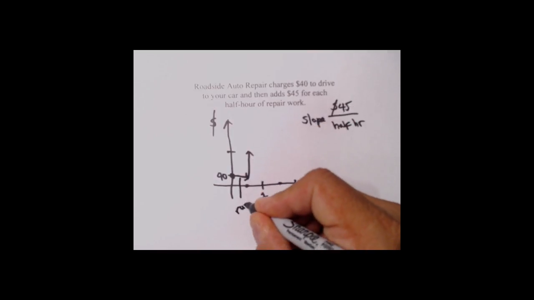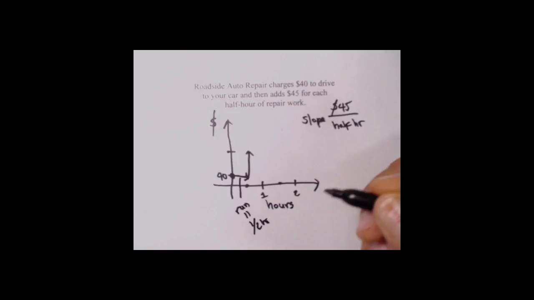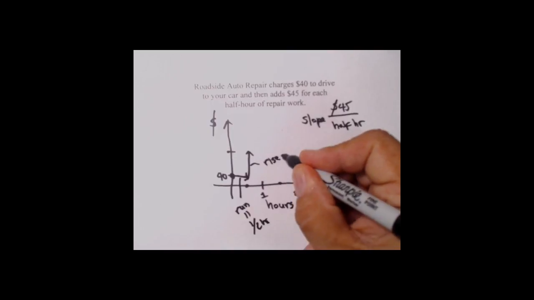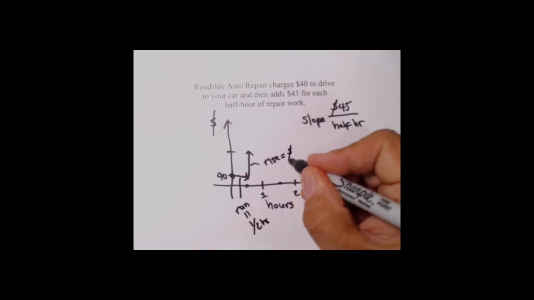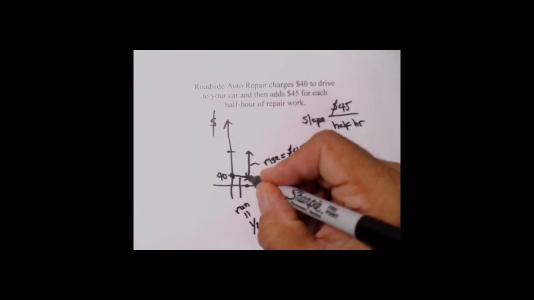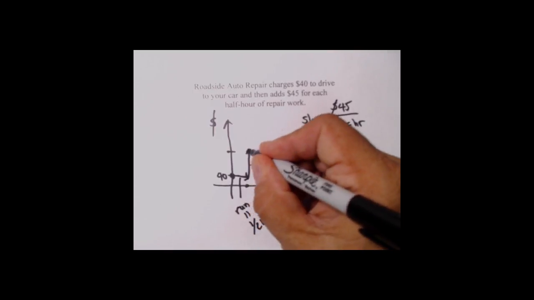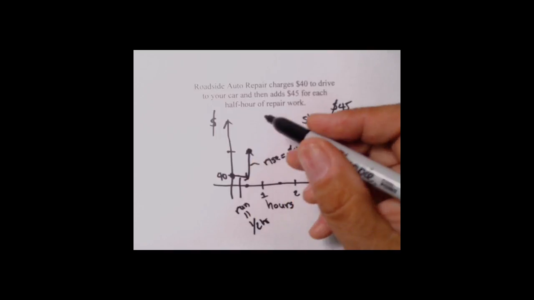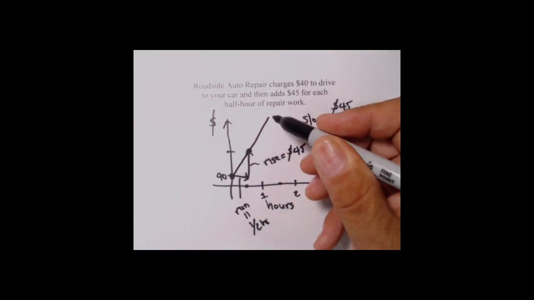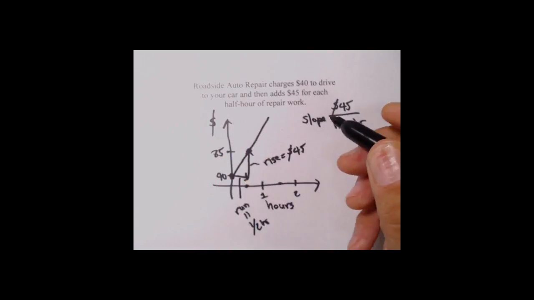Here's our run, equals half an hour, and now the rise equals $45. We've done the run, 1/2 hour, the rise, $45. So at the end of this second arrow is another point, and we can now draw our graph line on here. Here it goes. This, of course, would be $85 right here.